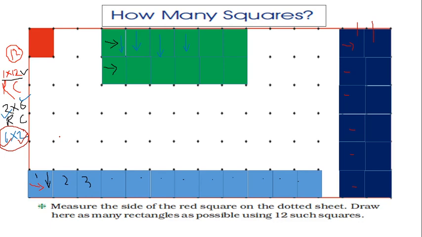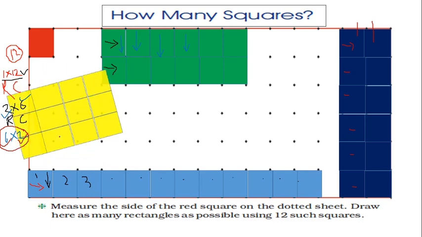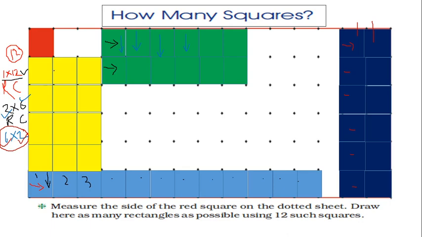The third one is again in the table of 3. 3 for the 12. Look here. 3 for the 12. 3 into 4. What is 3? 3 rows, 4 columns. Look here.